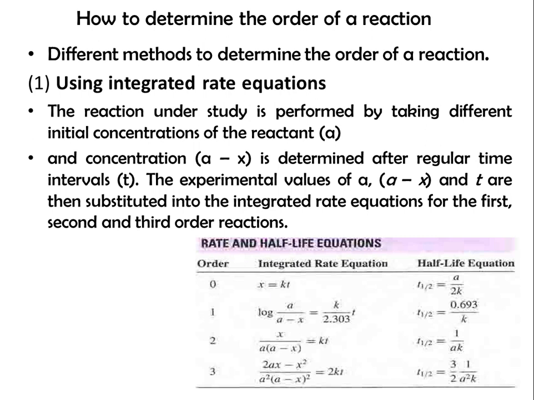The experimental values of a minus x and t are then substituted into the integrated rate equations for the first, second and third order reactions. So for this method you must know all the integrated rate equations.